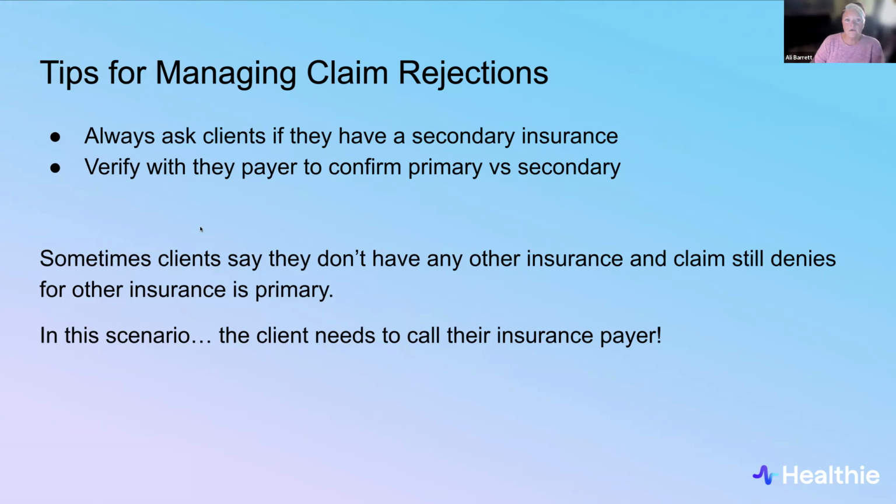One of the other claim rejections that you might have is that they're saying that another insurance is primary. I didn't put this on there because I put it on another class where we talk about denials, but for example, it still denies for other insurance is primary.